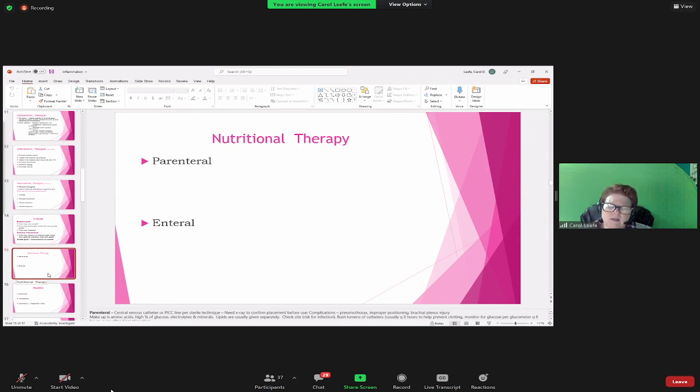And the lumens are fed through the vessels and into right before the right atrium of the heart. Okay. And so they need to be positioned properly before use, and they need to be confirmed by x-ray.